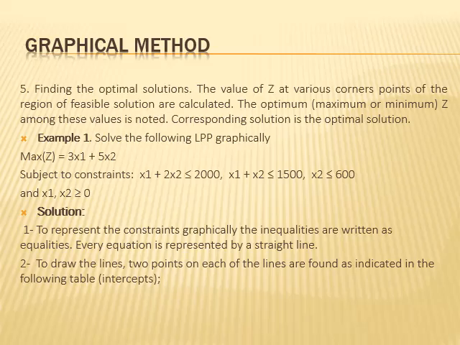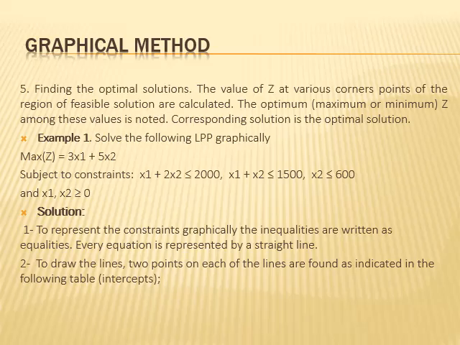That means, firstly, this linear programming problem is about profit maximization, as indicated by max Z. There are two decision variables, x1 and x2. 3 is the profit of 1 unit of x1, while 5 is the profit of 1 unit of x2.